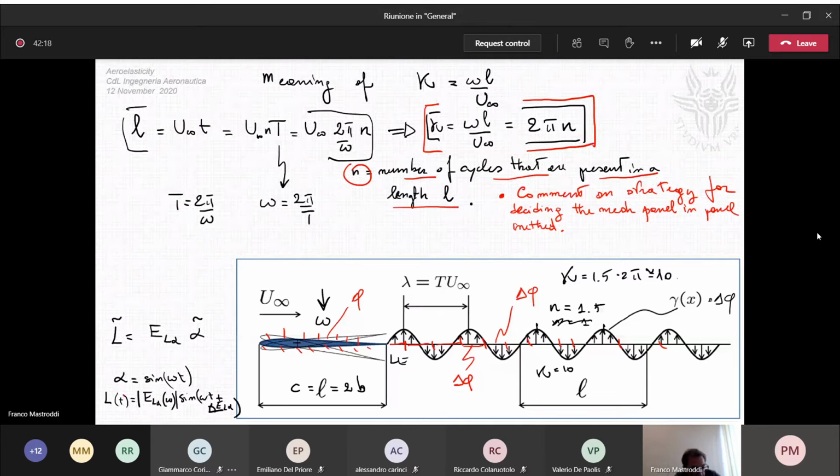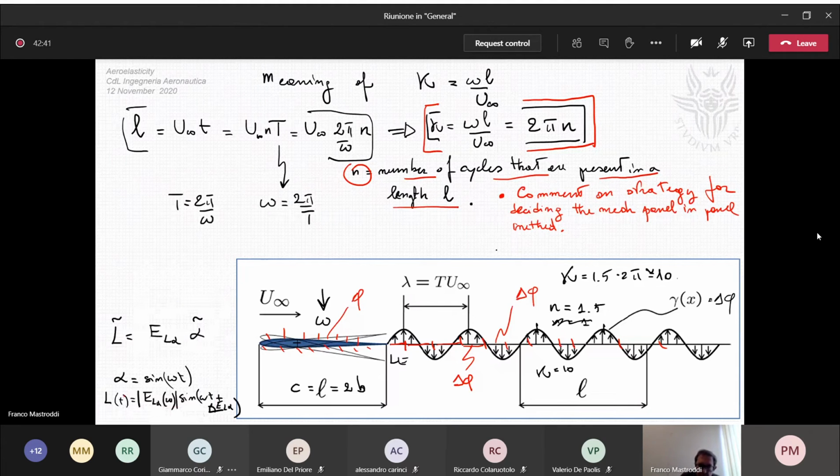This is easy to understand. And therefore, for example, the question could be, which is the minimum panel length of your discretization? This question is very easy.